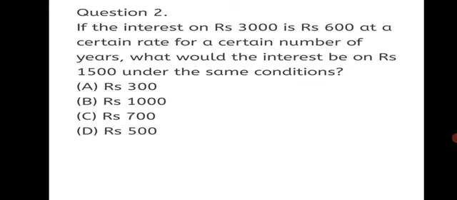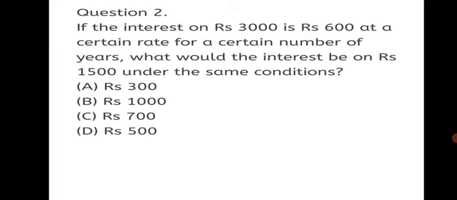So in the first case, the interest is rupees 600 on the principal rupees 3000 and the certain rate of interest and number of years both are constant. So what would be the interest on rupees 1500 under the same condition?